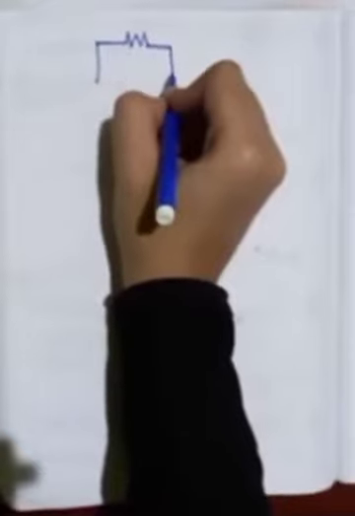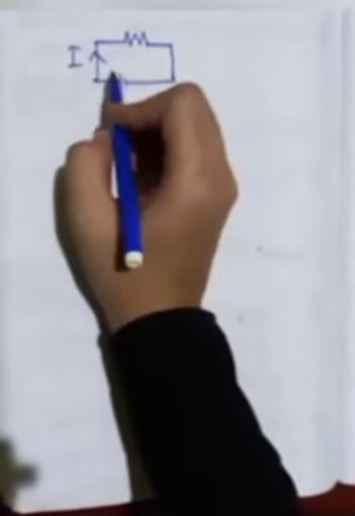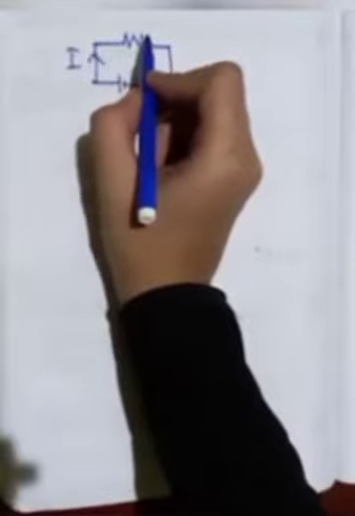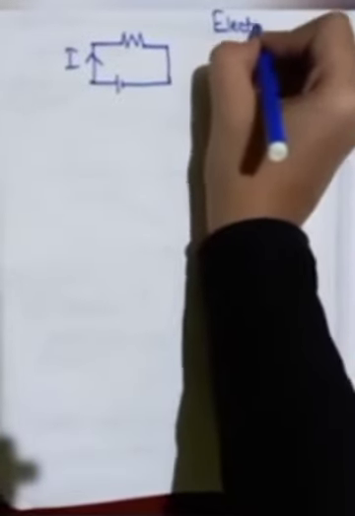I already said that the heating effect of electric current means in a circuit there will be a resistor and there will be an electric cell. This is a simple circuit and the current will flow through this circuit. Some of the electric current gets consumed by the resistor, that is, it is converted into heat energy. We know the electric current is a form of energy, that is electric energy, and this electric energy is converted into heat energy.